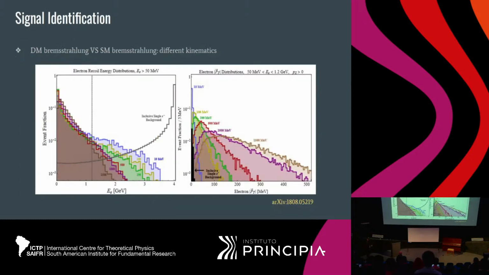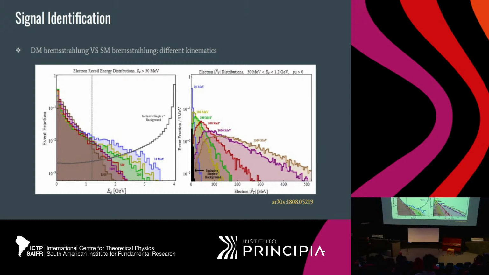So here you have some plots that show the strength of measuring the missing momentum of the electron instead of measuring only the missing energy, because here you have the plots from simulation of the recoil energy of the electron scattered after the production of a dark matter particle for different masses. And here you have what comes, for example, from regular Bremsstrahlung.